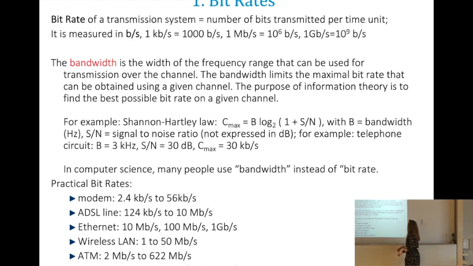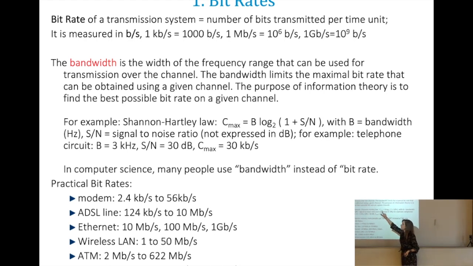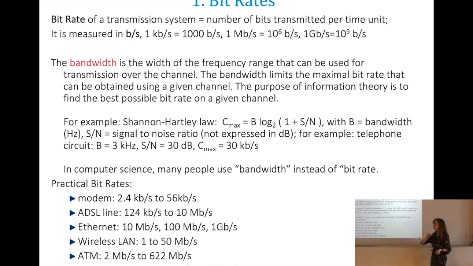So this is typically a formula which relates the maximum capacity, the maximum speed at which you can transmit data on a link, if everything is fine and there is no noise, for instance. And this is the bandwidth. This is the signal-to-noise ratio. You don't need to remember this formula by heart, but it's just for you to see that there are some formulas for this.